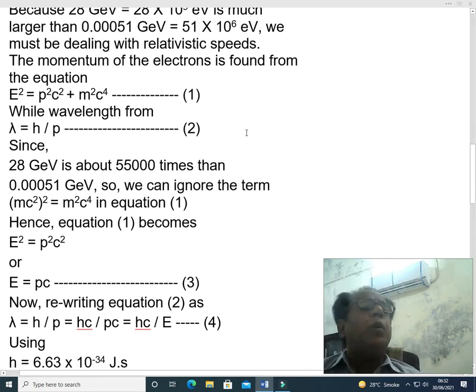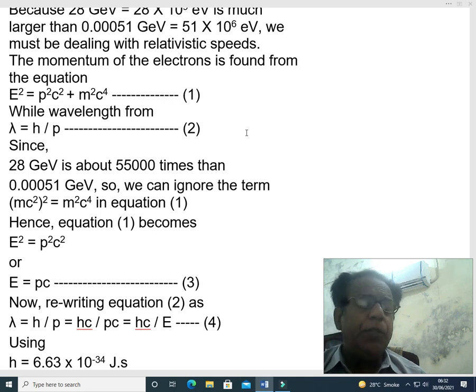Since 28 giga electron volt is about 55,000 times 0.00051 giga electron volt, we can ignore the term m square c raised to the power 4 in equation 1.